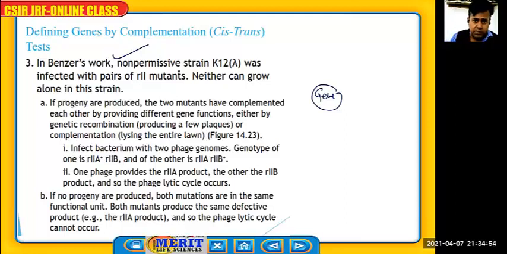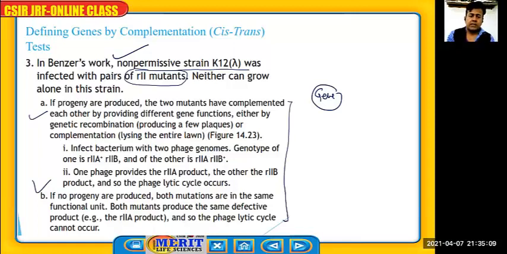One was the non-permissive strain K12, which was then infected with the rII mutant, and then he observed certain points during the experiment. What he observed: if progeny are produced, the two mutants have complemented.